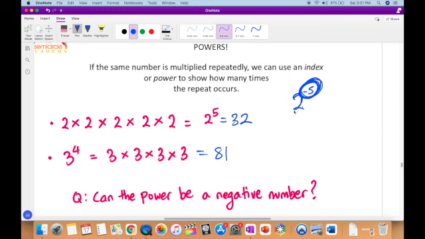And we will see that in a very soon to come class, right? Very, very soon we will see what 2 to the negative 5 will be. But if you want to go and research it yourself, feel free to find out what you will get if you have 2 to the power of a negative number. Let me hear when you've done it.